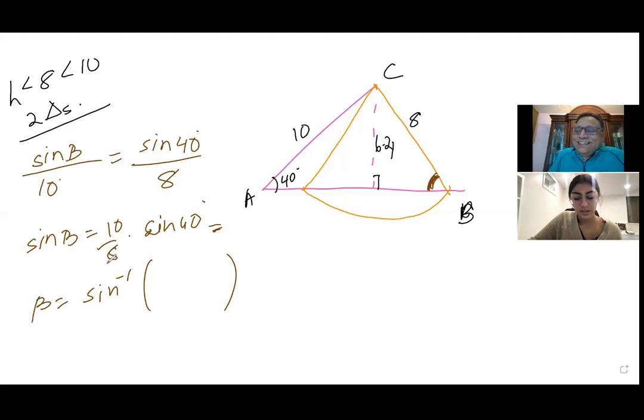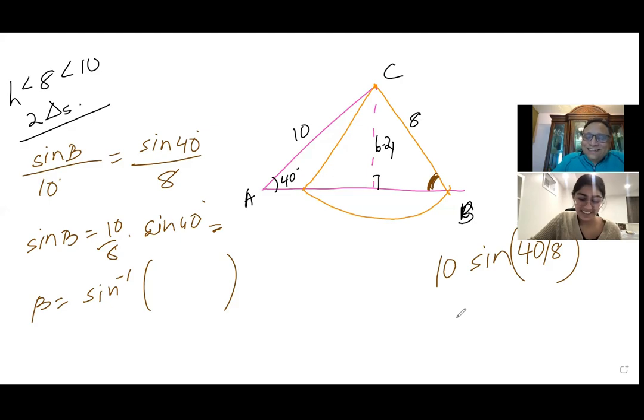Wrong answer, redo. You divided the product with, you did sine 40 divided by 8. No, do sine 40 times 10 divided by 8. Okay, I just did everything in one line. I'll tell you what you did. You did 10 sine 40 divided by 8. Oh, oops.